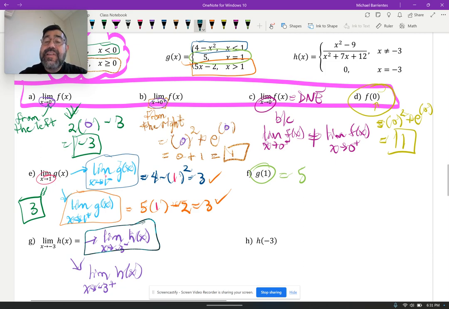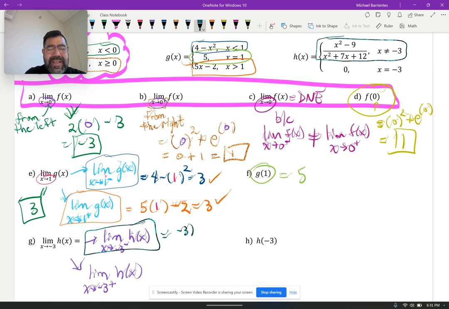Obviously, we have to use the top, because all the x's that I'm getting closer and closer to negative 3 from the left are not negative 3. So I'm going to use the top one, and it'll look something like this.